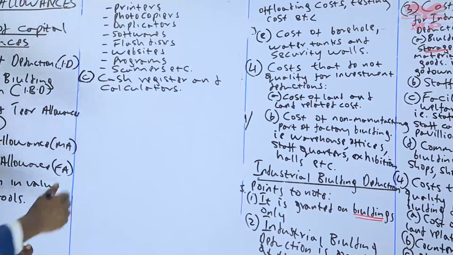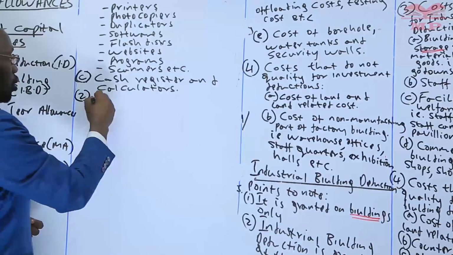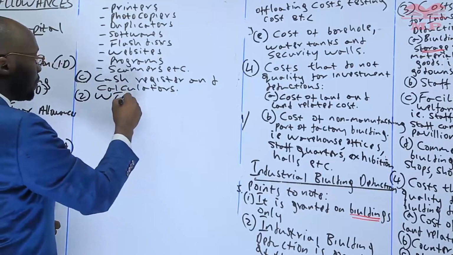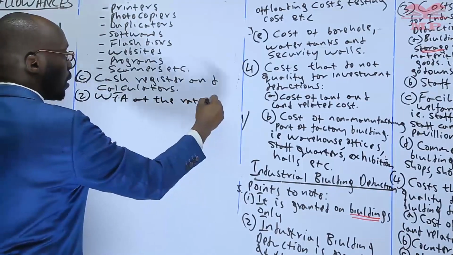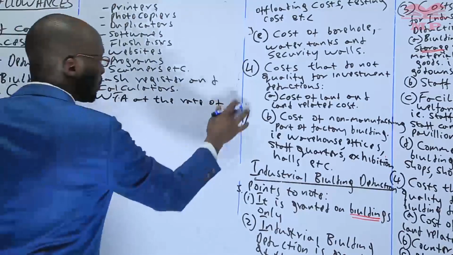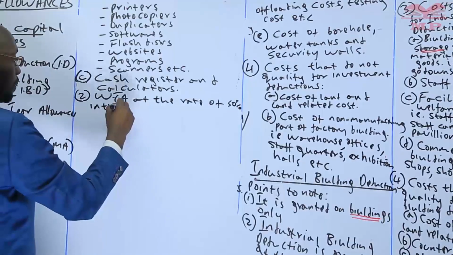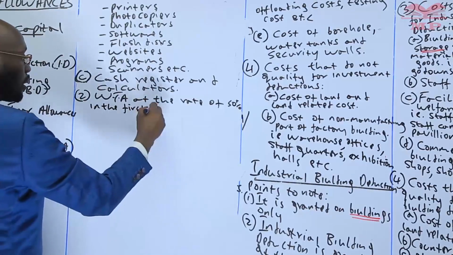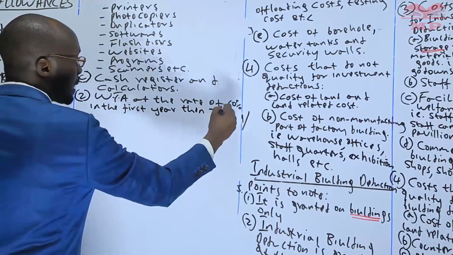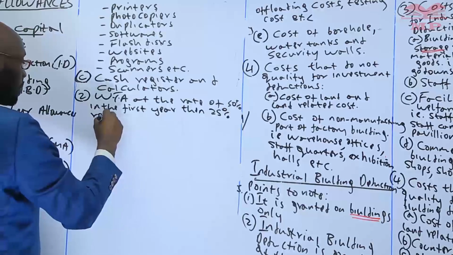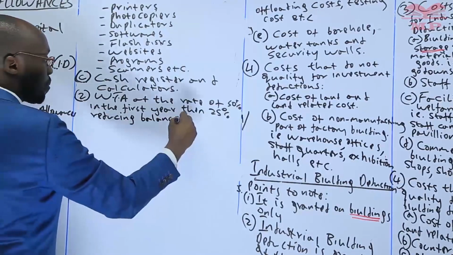So we go to the second one. Number 2, wear and tear allowance, WTA, at the rate of 50% in the first year, then 25% reducing balance from second year.